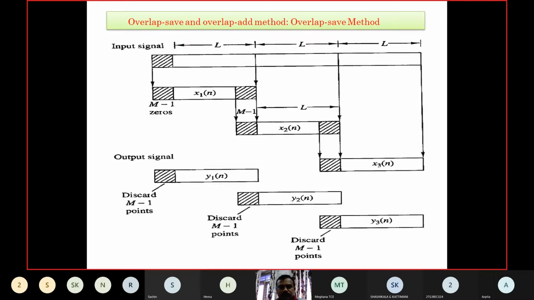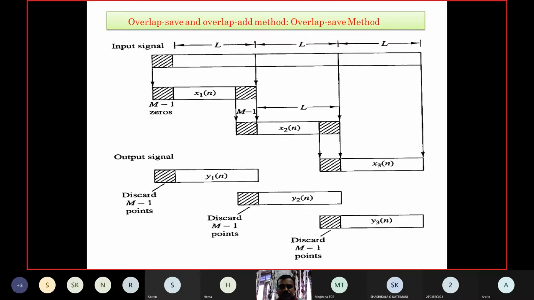For the first block, the method uses M minus 1 zeros at the start. The second block uses the last M minus 1 values from the previous block. It goes on calculating the convolution for each block with h of n.